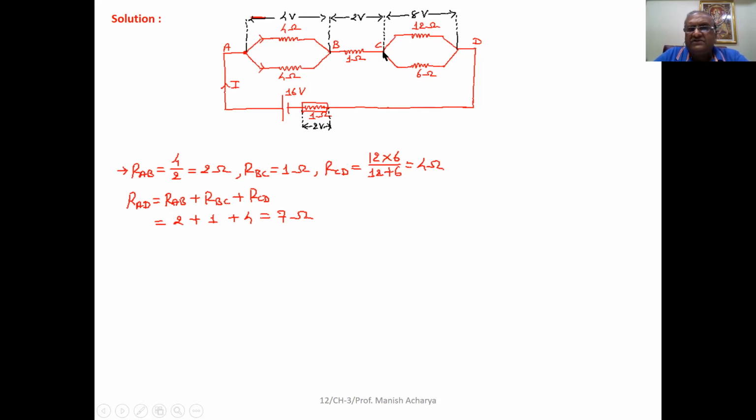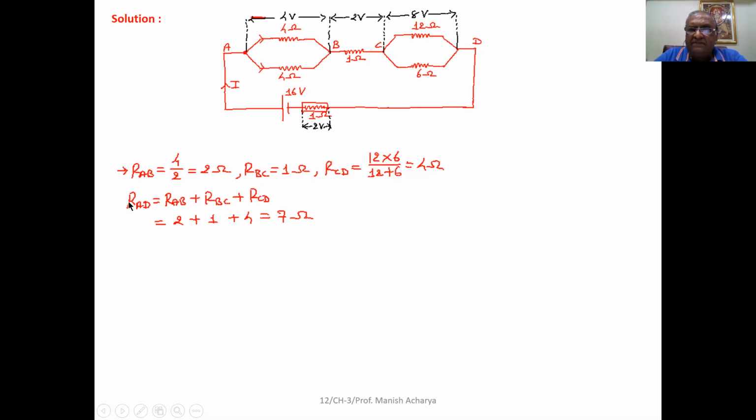Then across C and D, 12 ohm and 6 ohm are parallel. So resistance across CD is equal to 12 into 6 upon 12 plus 6, which comes to 4 ohm. Then we can say all these three are in series.